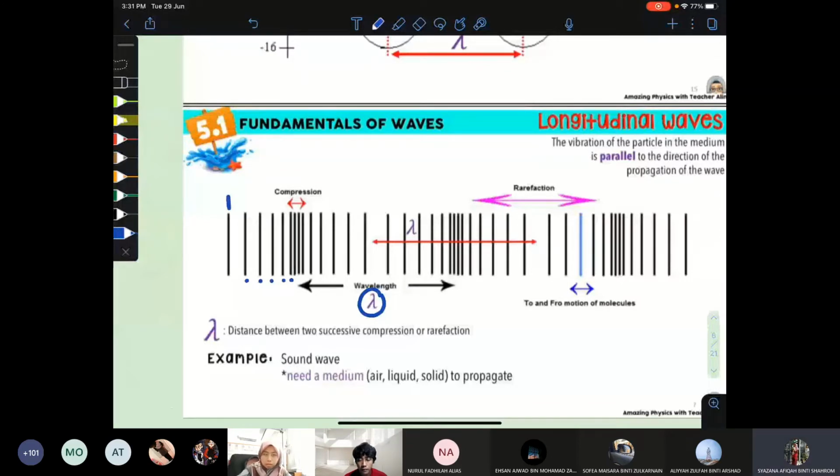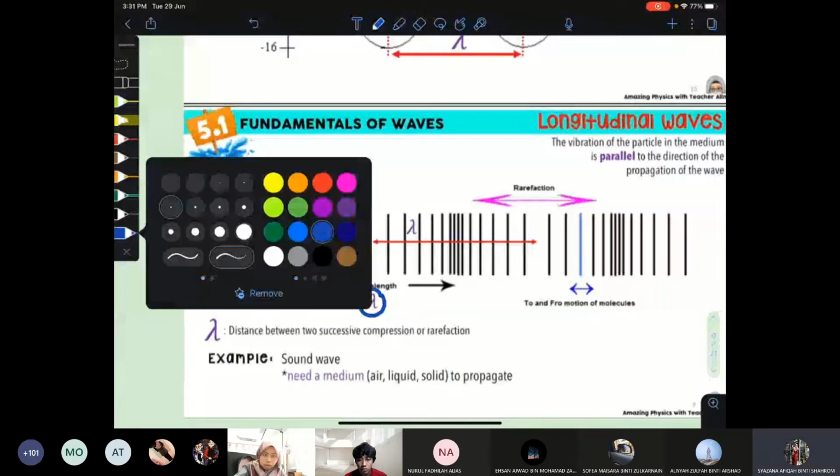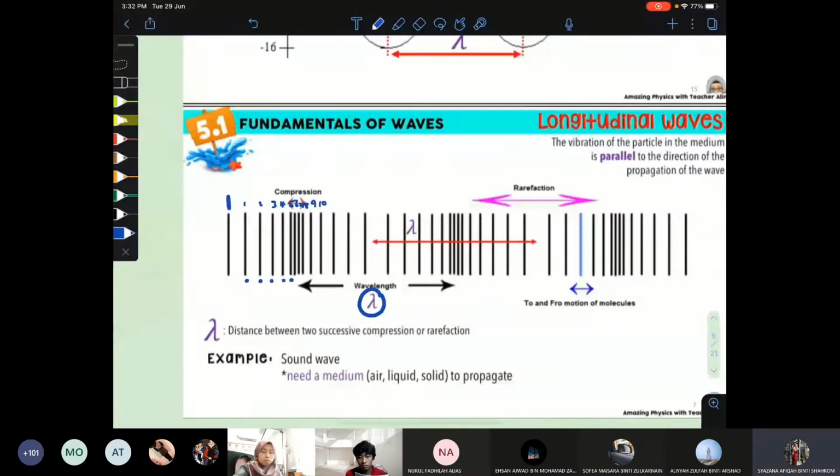Itu sajalah for this one yang students kena tahu. Kat mana? Let's say this one number 1, 2, 3, 4, 5, 6, 7, 8, 9, 10, 11, 12, 13, 14, 15. Which one will be the one wavelength?